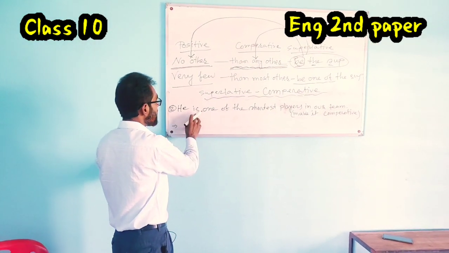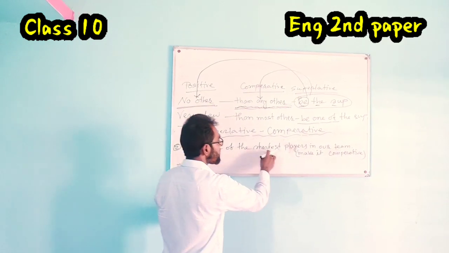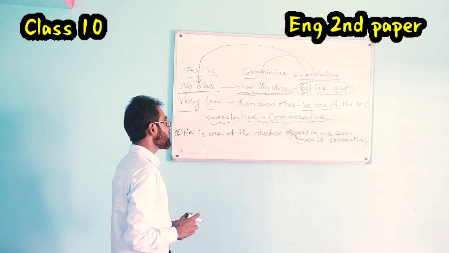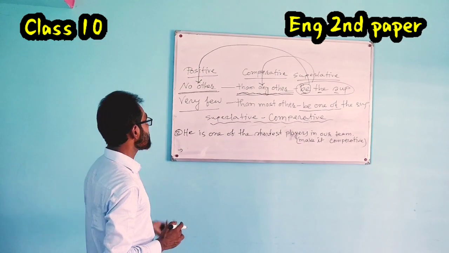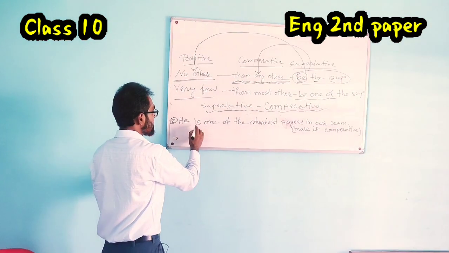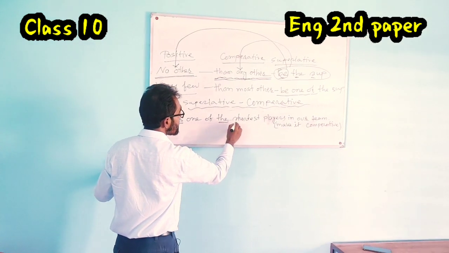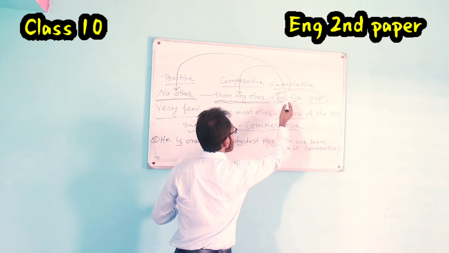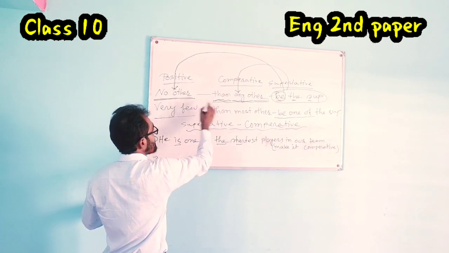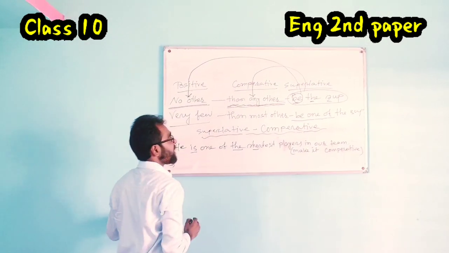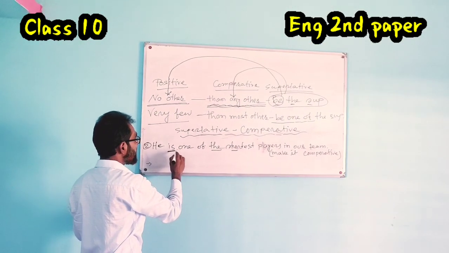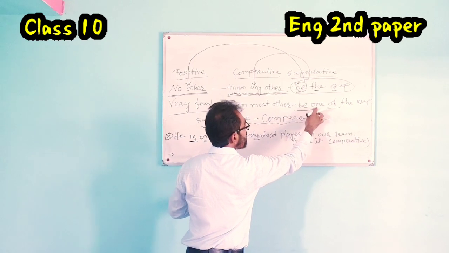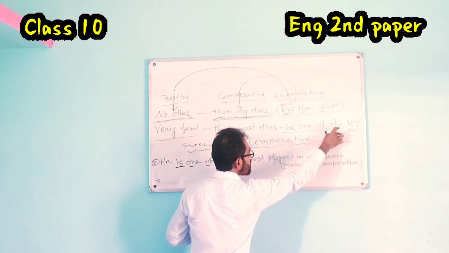Here he is one of the shortest players in our team. Okay, in our previous rule we only got "be the" plus superlative, and then we used "than any other". But now we get "be one of the" plus superlative.